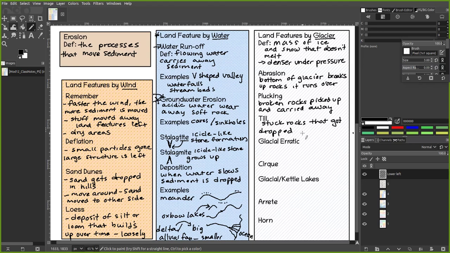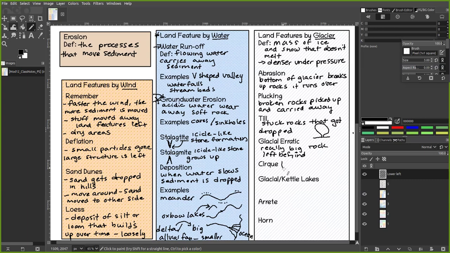A glacier erratic is simply a really big rock that got left behind. Now, if you look up glacier erratic on Google, you'll see pictures of stuff like this. Huge rocks, bigger than a person, left like that. Really, really amazing. Another formation left behind by glaciers is called a cirque.